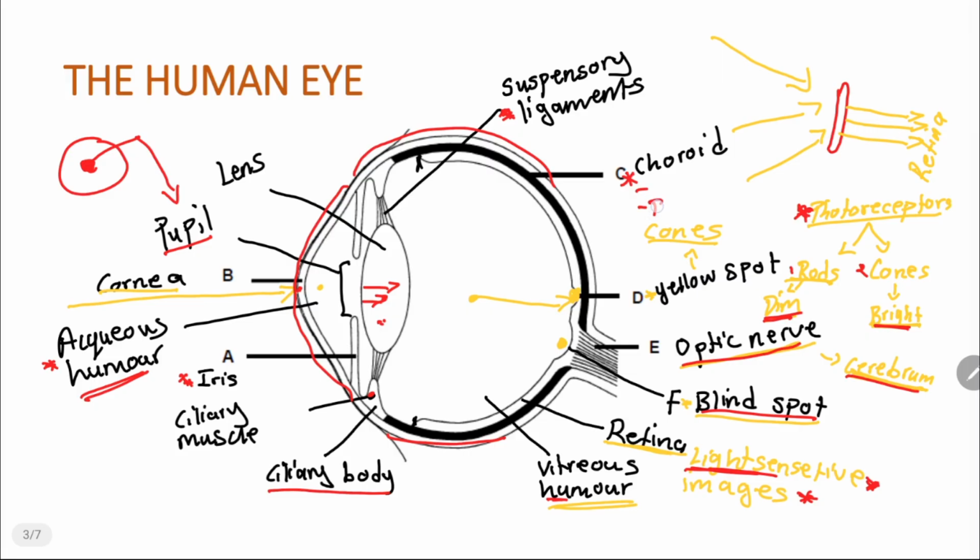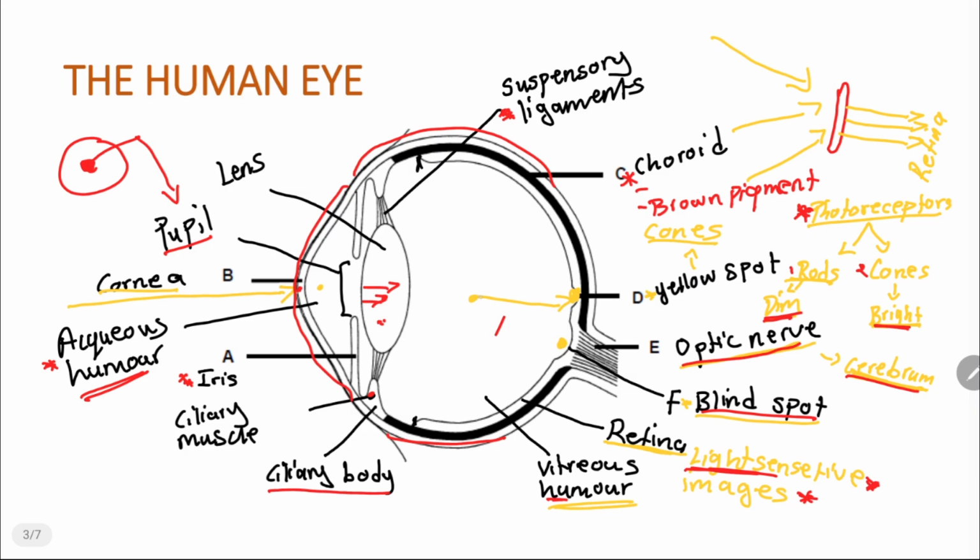Number two, the choroid is said to contain what is called a brown pigment. Now, this brown pigment is very important because it prevents the reflection of light within the eye. So it is very important that the only process regarding light that occurs within the eye is refraction. If there was a reflection of light, it would bounce off from different parts and be focused on different parts that are not the retina.